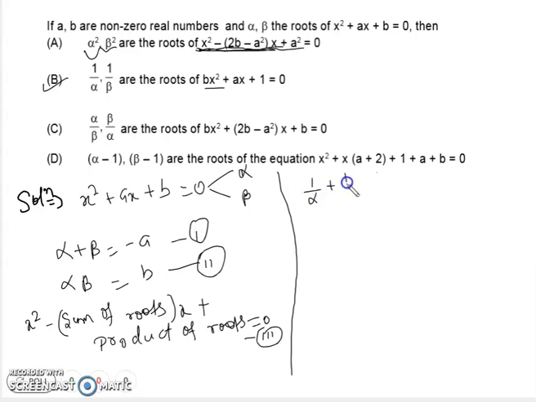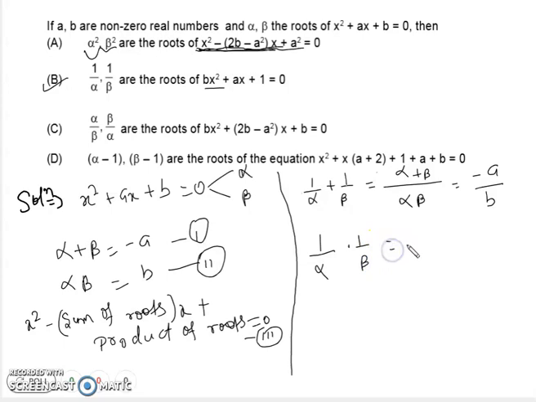So 1 by alpha plus 1 by beta is equal to alpha plus beta divided by alpha beta, guys, right? And alpha plus beta from equation 1 is minus a, and from equation 2, alpha beta is equal to b, right?